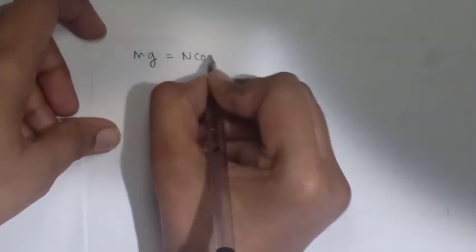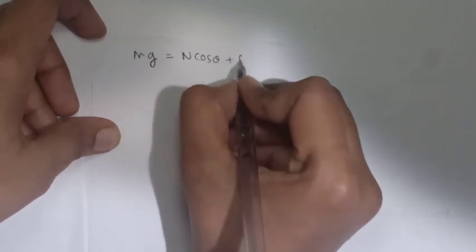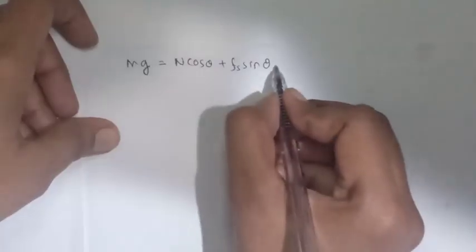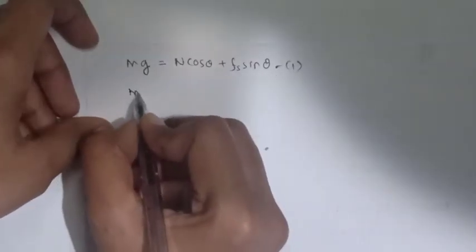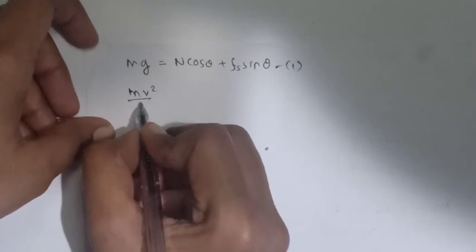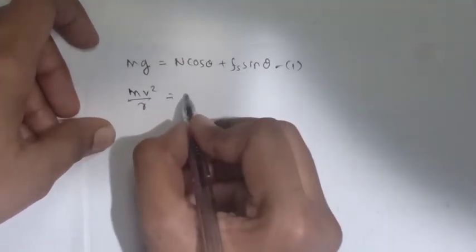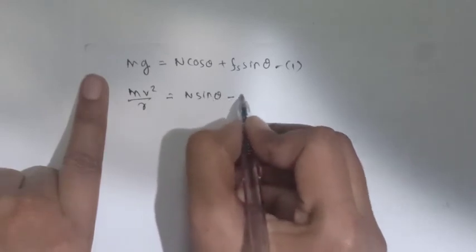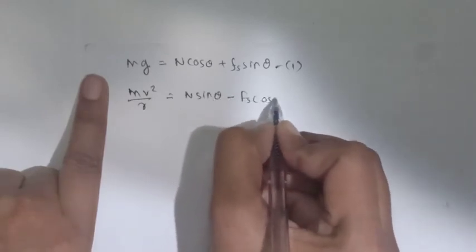Okay, so now let's move forward. You got two equations. Your first equation was mg equals N cos theta plus Fs sin theta, and the second equation was mv square by r, which is the centripetal force, equals N sin theta minus Fs cos theta.